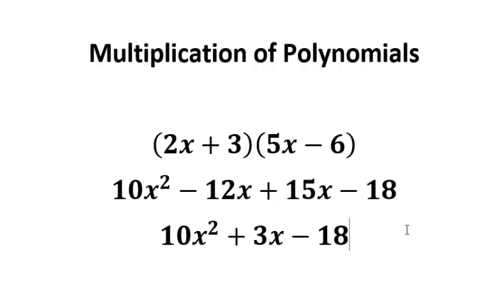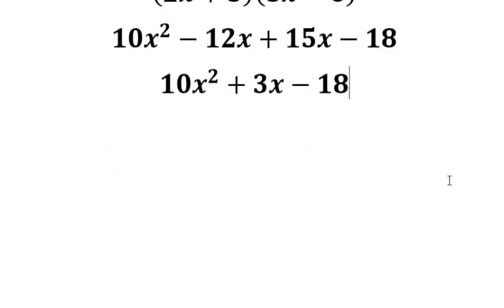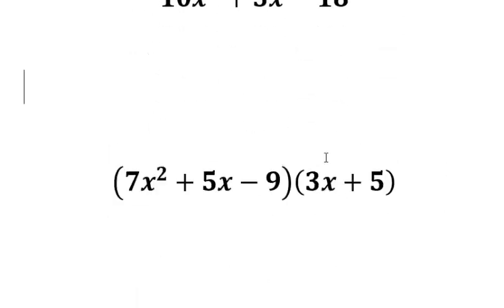And that will be my answer: 10x squared plus 3x minus 18. Always make sure to arrange the terms so that you have the highest exponent first. x squared goes first, then the x, and then the one that doesn't have any letter. Okay, that's it.